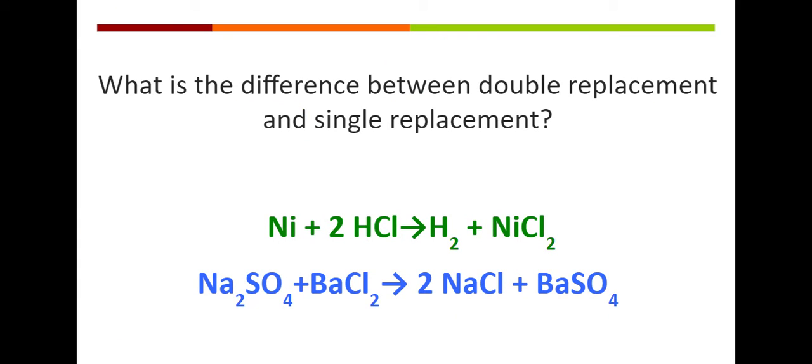So again, what is the difference between double replacement and single replacement? And here are two examples of single and double replacement. Looking at these equations, what do you think is the difference here?